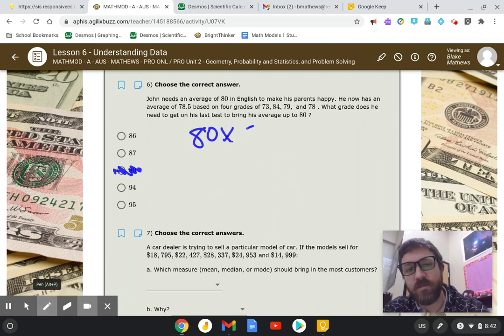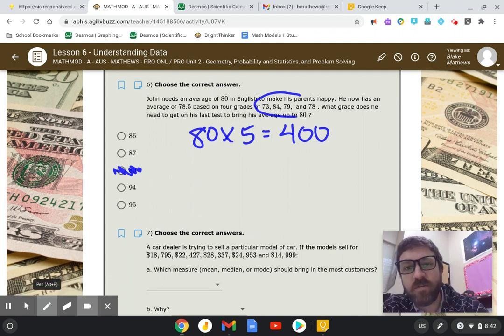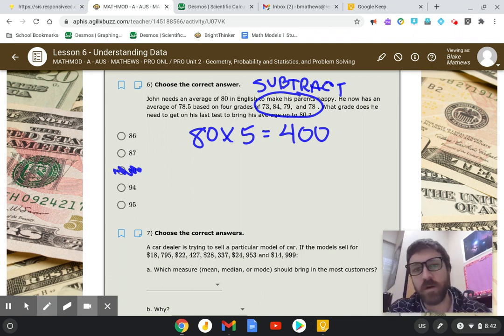We're going to do 80 times 5, and we get 400. So the total score for the 5 tests has to be 400. And I'm going to let you finish this. All you have to do is subtract the other 4 test scores from 400 to find the value of the final test score that gets them to an average of 80.